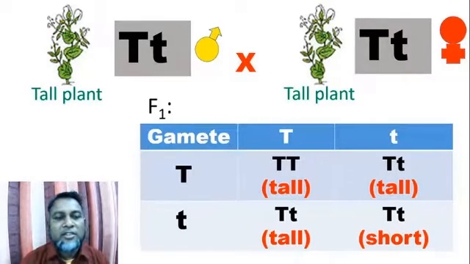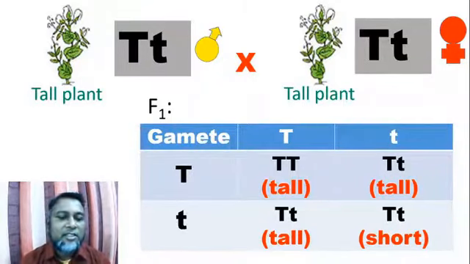In F1 plants, hybrid plants have both dominant and recessive factors. According to law of segregation, these two alleles or factors remain together, but they are not mixed, diluted or altered.